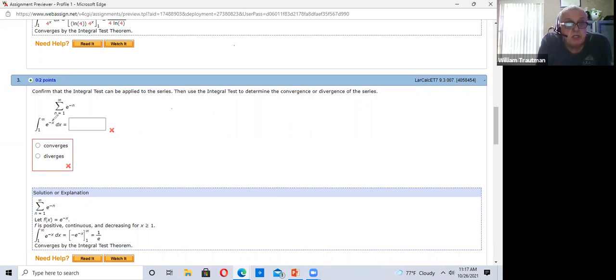Plug a number in here, e, 2.71, to the negative power. You plug any number in there, it will stay positive. That negative just flips the e to the bottom, but it's still going to stay positive. There's nothing in here that won't make it continuous, so it is continuous.